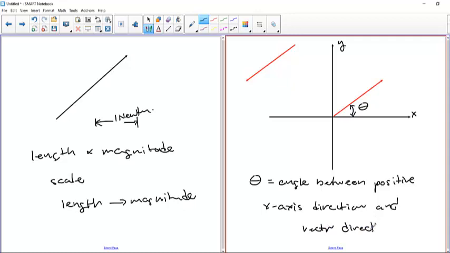And you kind of think of this as, when we did one-dimensional motion, we defined where x was equal to 0. So this is where the angle would be equal to 0, is the x-axis. So if this thing is pointing horizontally from left to right, the angle is 0. If it's pointing horizontally from right to left, it's going to be 180 degrees. So that answers the question. This is in degrees.